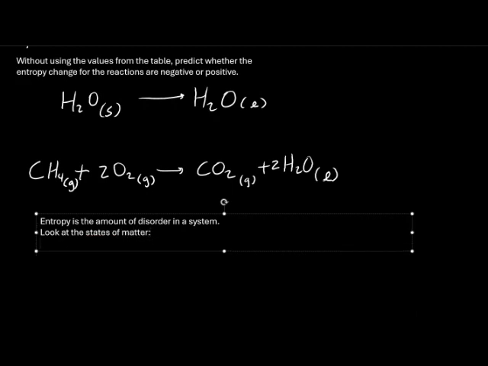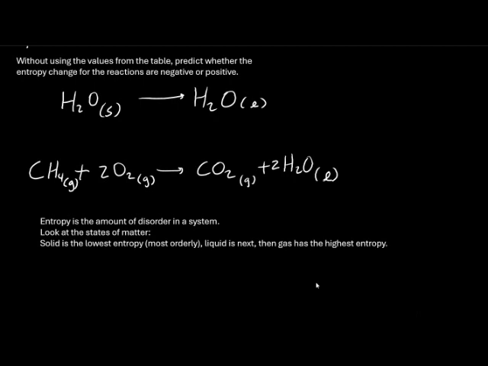Now, of our states of matter, solid is the least disorderly and therefore will be the lowest entropy, followed by liquid and then gas. So in our first reaction, we notice that we begin with solid state, and that's low entropy.